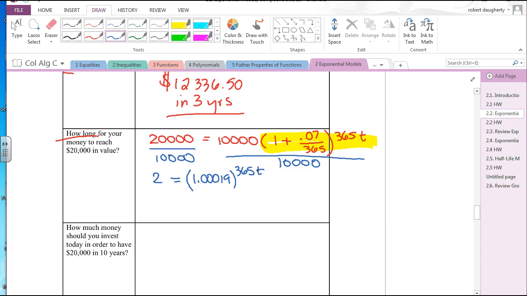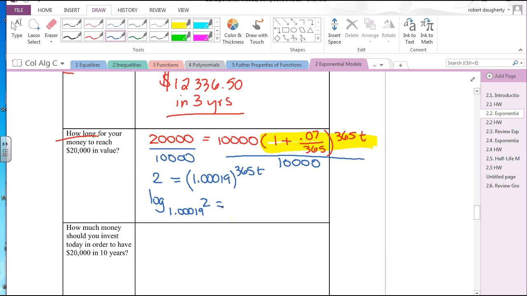Okay. Now I've got the exponential all isolated. What is my procedure for now solving for the exponent? After I've gotten it by itself, what do I do? I need to take the log. What base? 1.00019. So the log base 1.00019 of 2.